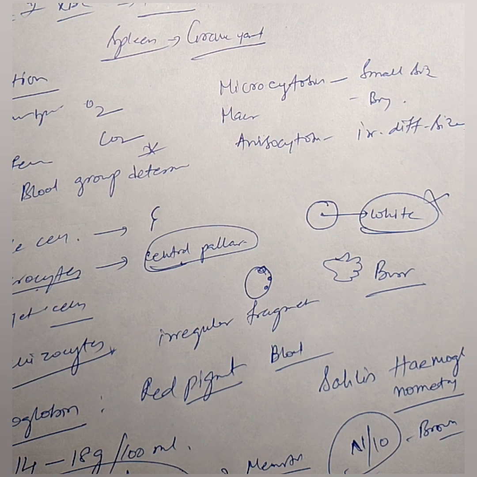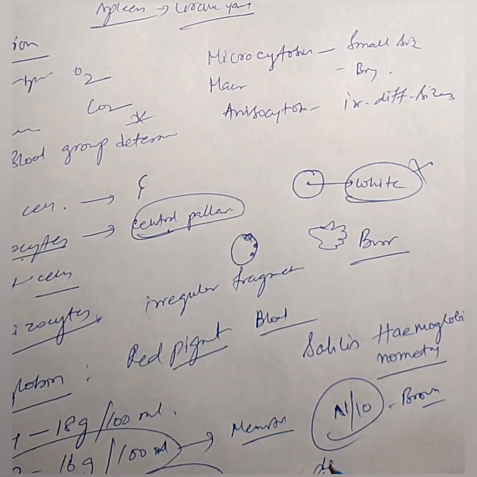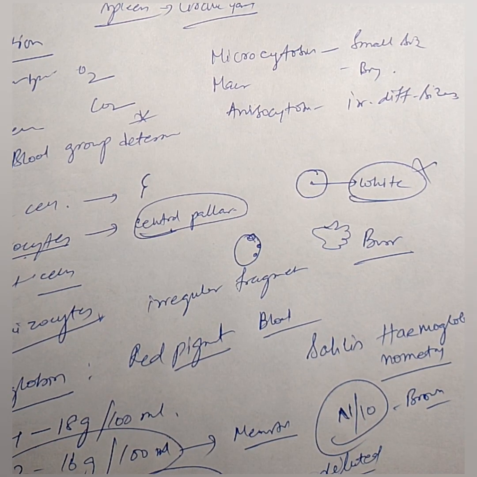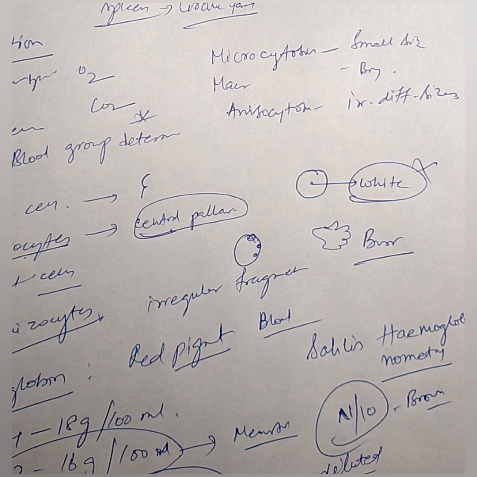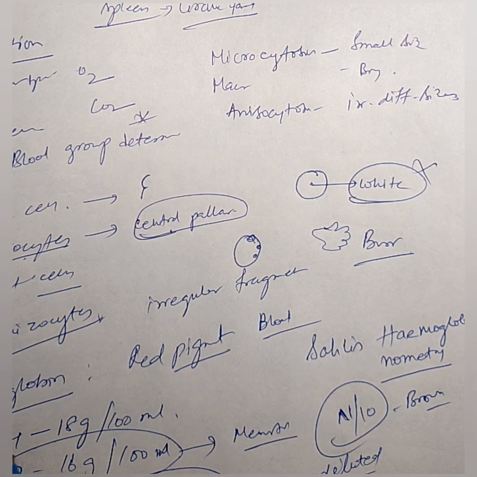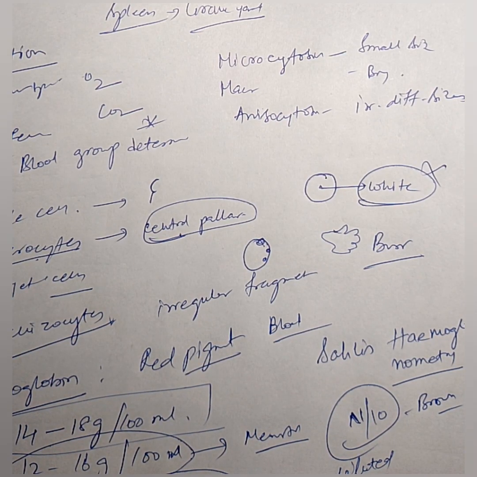Now the acid hematin is gradually diluted with the help of distilled water, and after some time we can see the color, and this color will be matched with the standardized color, and based on that the value of hemoglobin will be declared. This is called Sahli's hemoglobinometry.